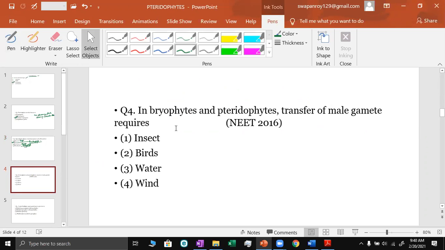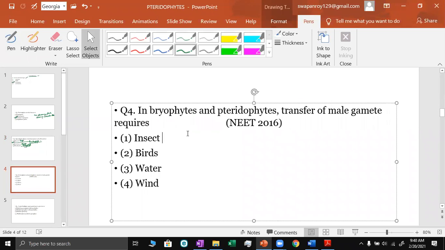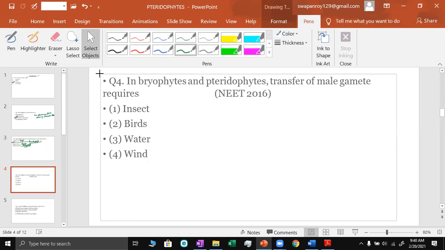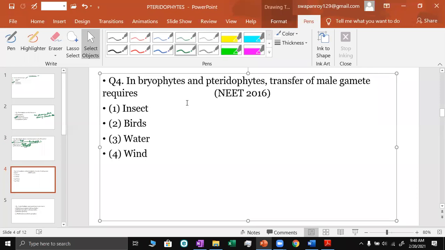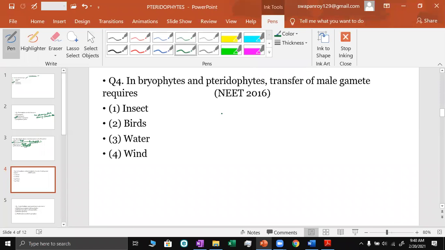Come to the next: in bryophyte and pteridophyte, the transfer of male gametes requires not insect, not bird.